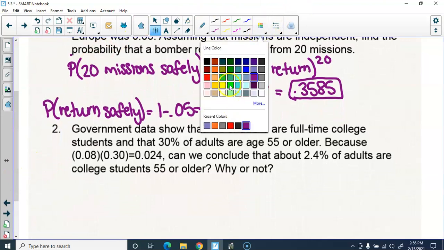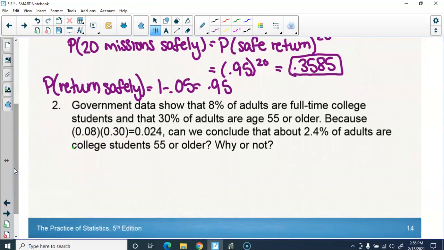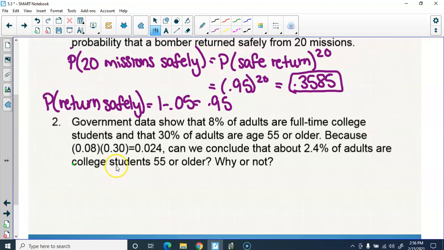And government data shows that 8% of adults are full-time college students and 30% of adults are 55 or older. Because when we multiply them, we get 0.024. Can we conclude that 2.4% of adults are college students aged 55 or older?